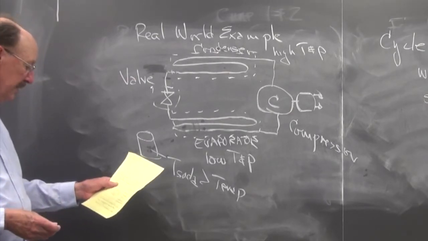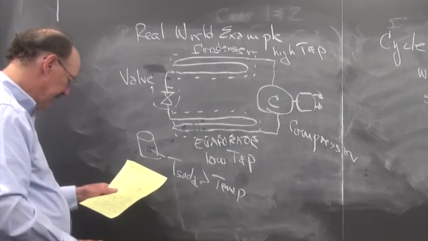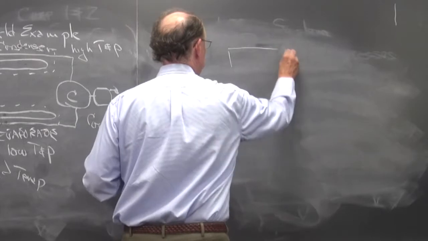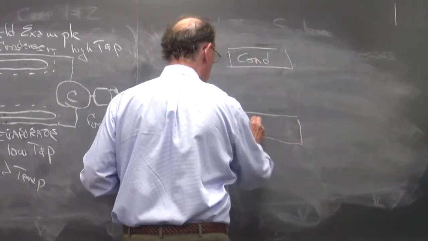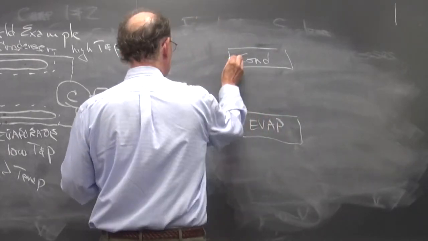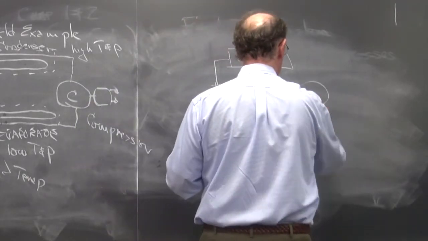So when I look at this, now I'll make a simplified drawing so we can see how this is a cycle. I have the condenser, the evaporator, the throttling valve, and the compressor.